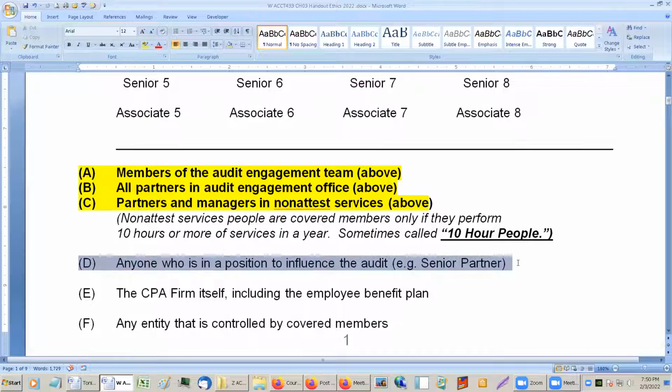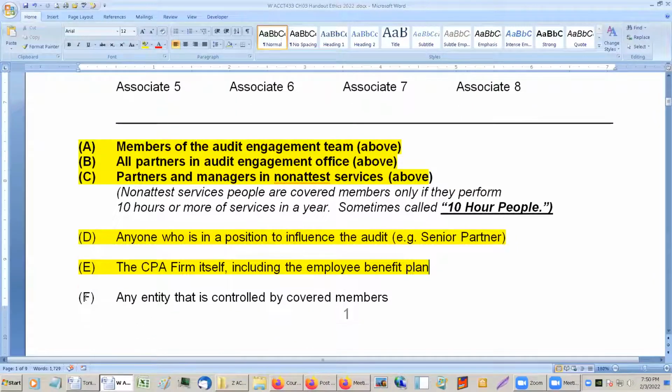Okay, some more people who are also called covered members: anyone who's in a position to influence the audit, for instance, a senior partner in a different office. The CPA firm itself is a covered member, must be held to a higher standard. So if the CPA firm itself has a pension plan and you're auditing IBM, it can't have a direct interest in IBM.